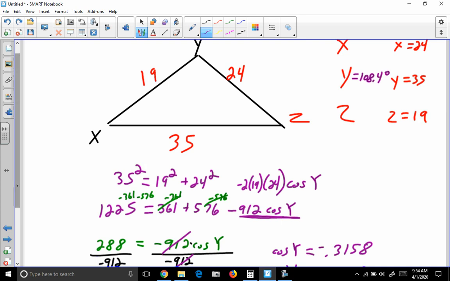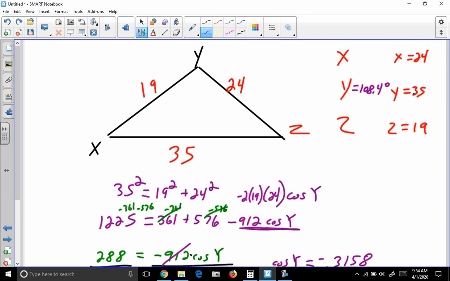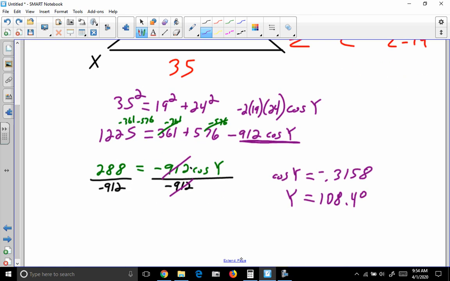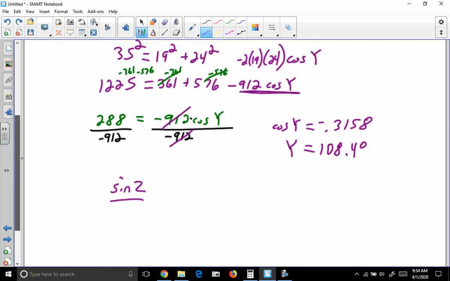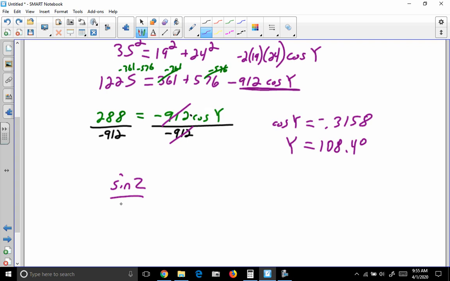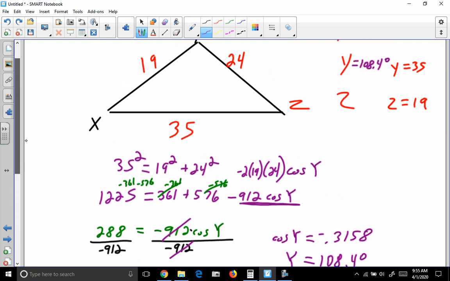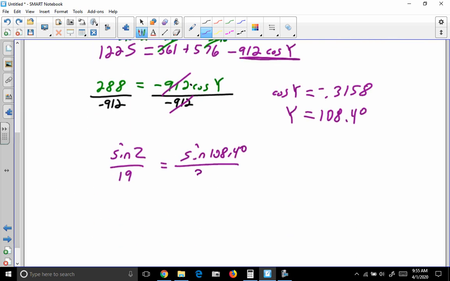All right, now that we have an angle side pair, we can use law of sine to get the others. So we can do Z next. So we can do sine of Z, side Z, and then sine of 108.4 degrees, which is angle Y, over side Y. So multiply both sides by 19.